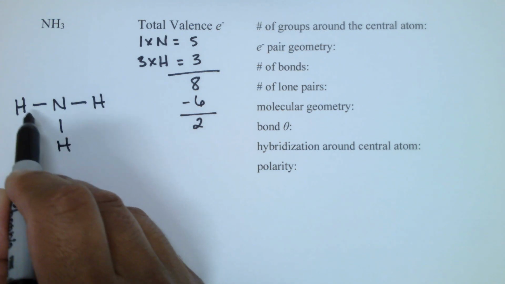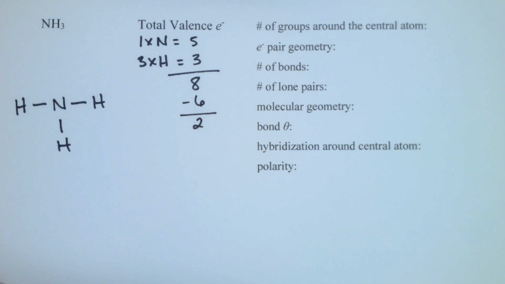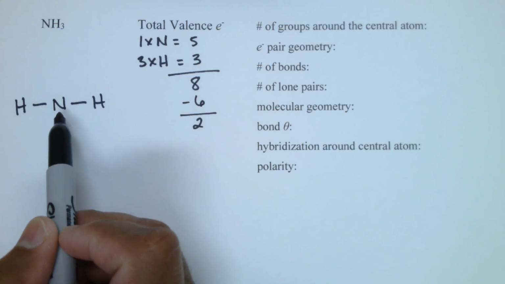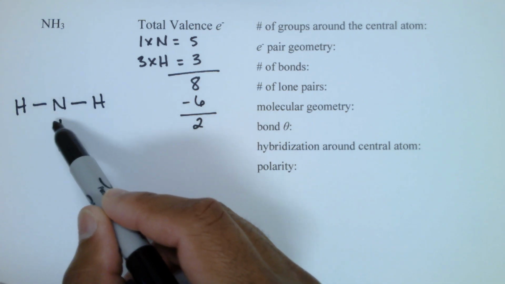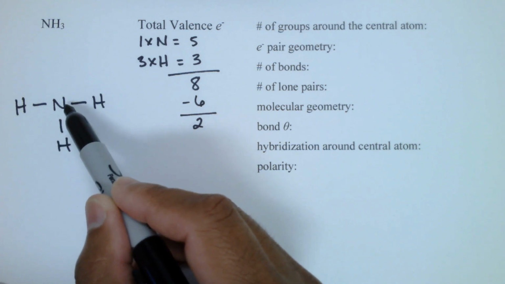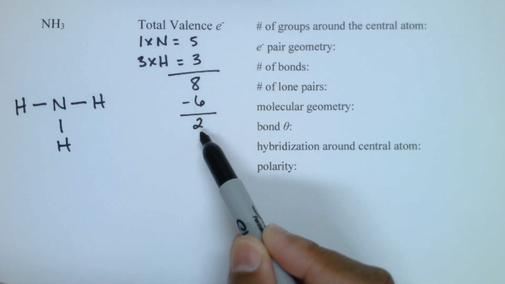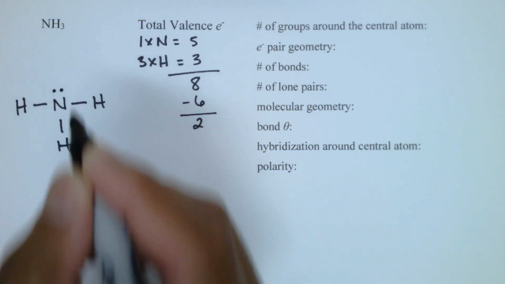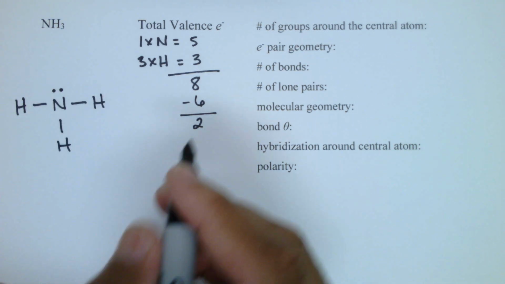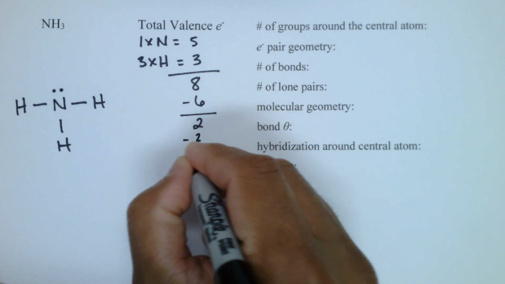It can only have 2. So each hydrogen is participating in its own bond. But if you take a look at the nitrogen, it is sharing these 6 electrons. So to satisfy the octet rule, it's going to want 2 more. And so we'll draw a lone pair on that nitrogen. So there are the 2.